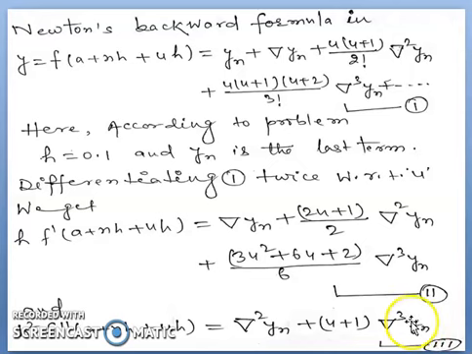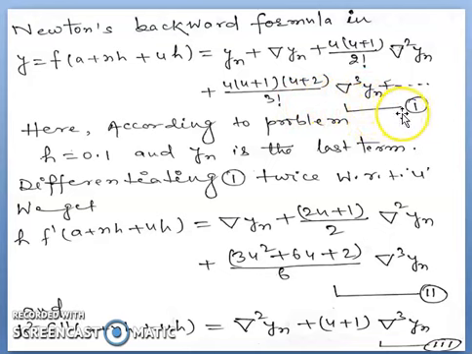So how can we start? First we form the table, and then using the Newton backward formula. Here is the Newton formula, again I repeat the results: y equal to a plus nh plus uh equal to yn plus u of del yn plus u plus 1 divided by factorial 2 del square yn plus u plus 1 u plus 2 divided by factorial 3 del cube yn.